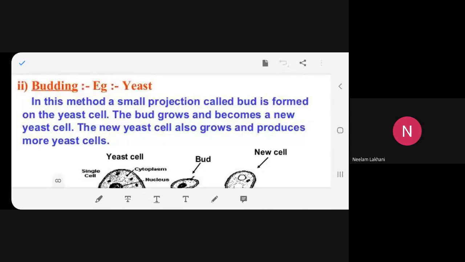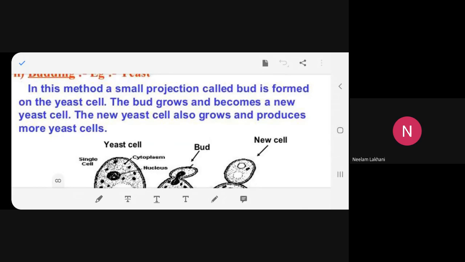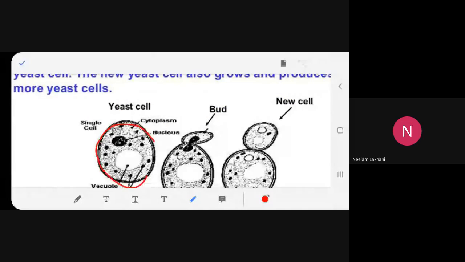See over here. This is a yeast cell, right? This is called projection. The projection comes out from the main cell and then it starts growing and forms a new cell.